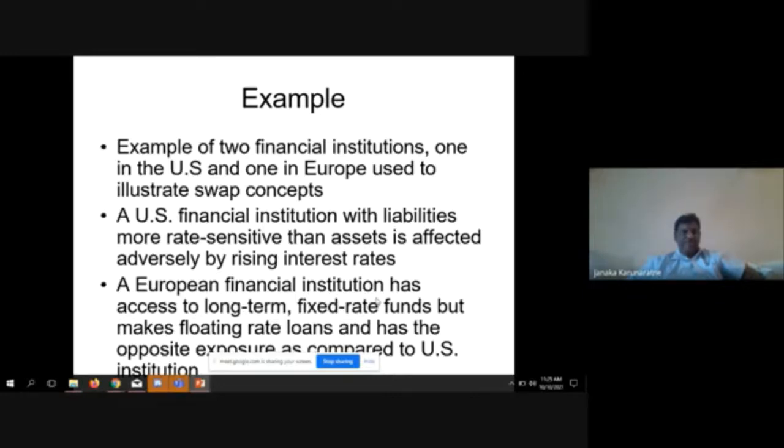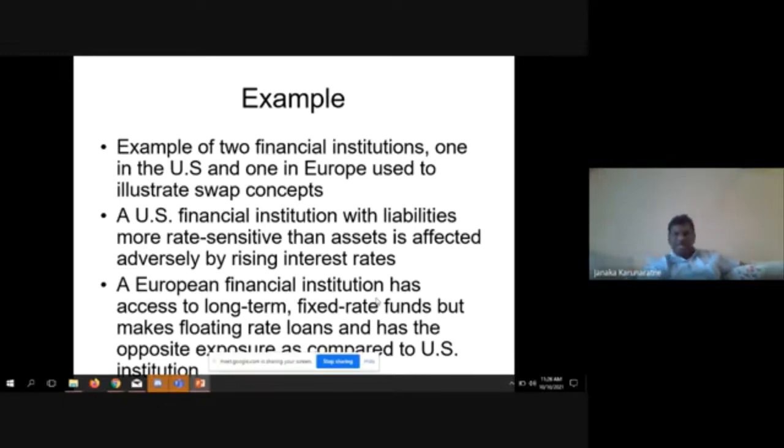And when you know certain parties who need to borrow in your market, as well as you want to borrow in their market. Now take an example. This can be applied to any country, any bank, any institution. Example of two financial institutions, one in the US and one in Europe.